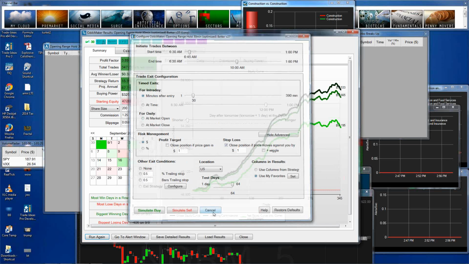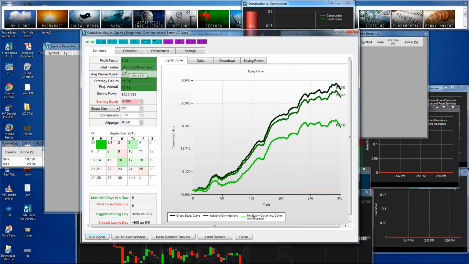Right here we're seeing over the past 64 trading days, this strategy spit out 347 trades, of which 70.9% are winners. It tells you what your average winner is versus your average loser, so we have a 12-cent spread between average winner and loser. Strategy return is an estimated monthly return, and this would be annual.